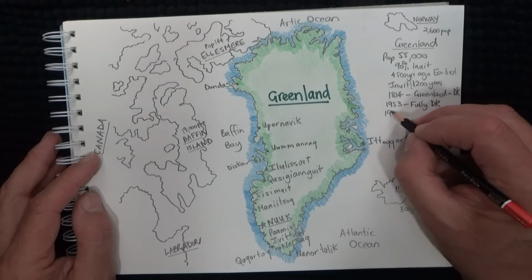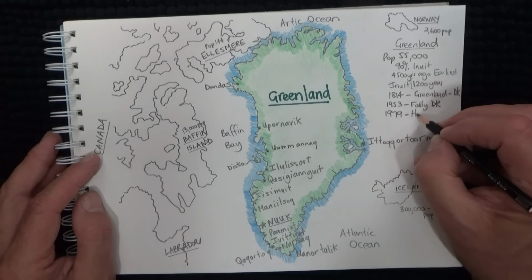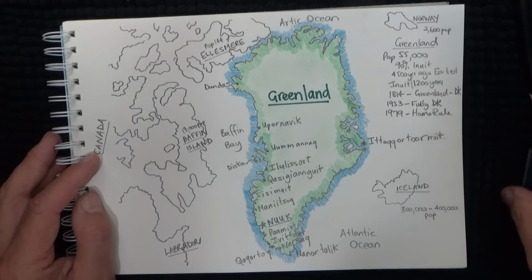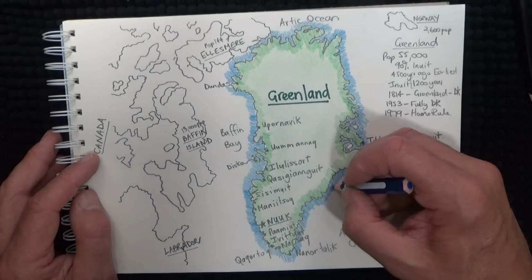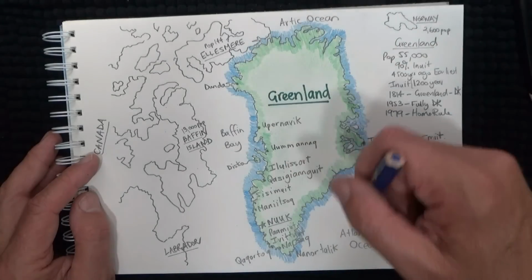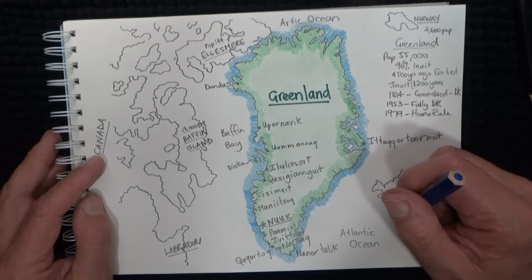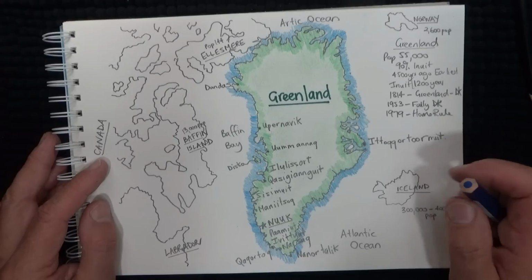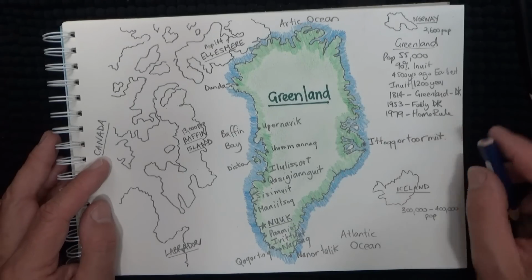And then in 1979 they were given home rule. They became an autonomous state, which is part of Denmark, part of the European Union. That looks good, doesn't it? Greenland. And that's that now.